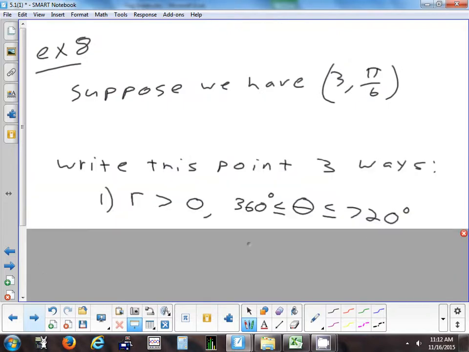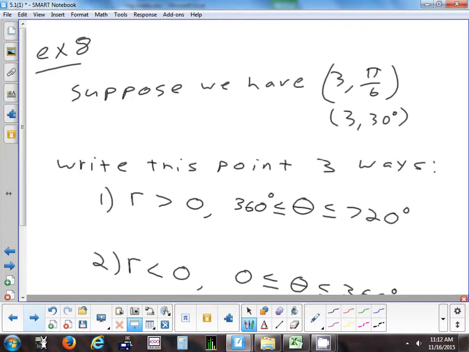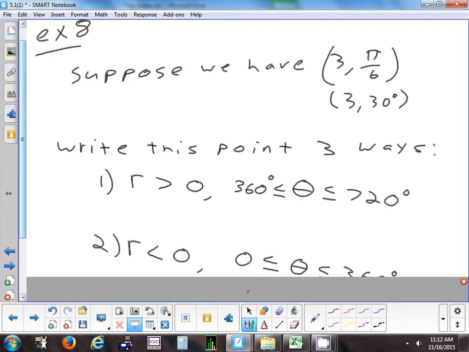All right, next question. This is kind of getting it, taking the same point and writing it different ways. And if you want it in degrees, that's probably a little easier to work with. Okay, I've got the point 3, 30, and I want to write it 3 different ways. One way I want to write it is a positive radius, and I want an angle between 360 and 720.